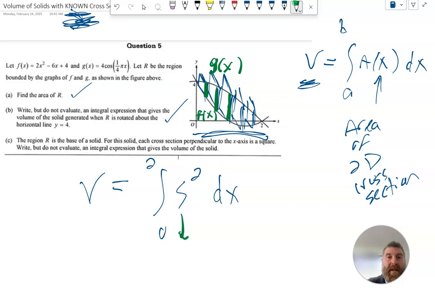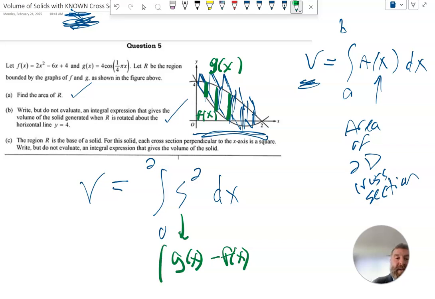So from this whole length that I'm outlining on my screen right now, hopefully you can see that green dot moving up and down, if that whole length is g, I just want to subtract from that f to get the side, which would be this piece. The whole length would be g, the y value of g. And from that, I want to subtract f. So each of the sides in this case is going to be my upper function minus the lower function. That's how I create each of those sides.